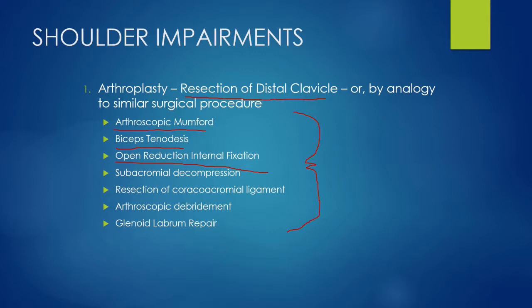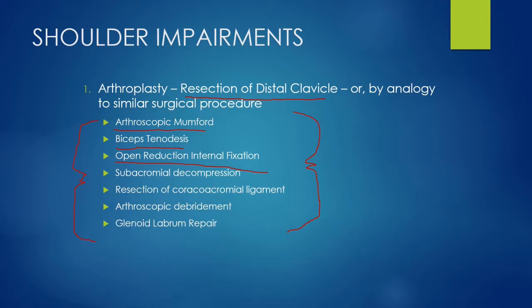And why would some of these other shoulder surgical procedures also qualify for permanent impairment by analogy to resection of the distal clavicle? Well, I've gone on record as stating in the past that these surgical procedures here do not analogize to resection of the distal clavicle because the impairment associated with resection of the distal clavicle is unique. The reason that the AMA guides provide for permanent impairment due to resection of the distal clavicle is that resection of the distal clavicle destabilizes the acromioclavicular joint and destabilizes the clavicle itself.